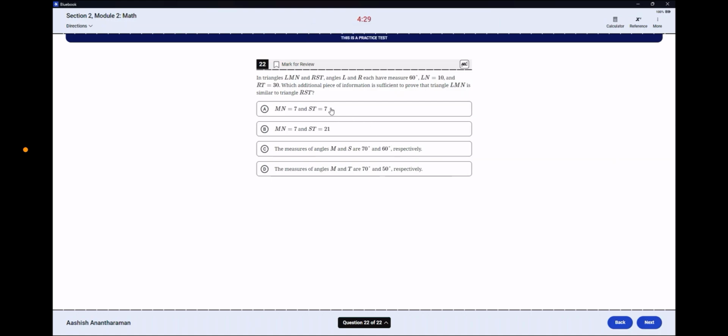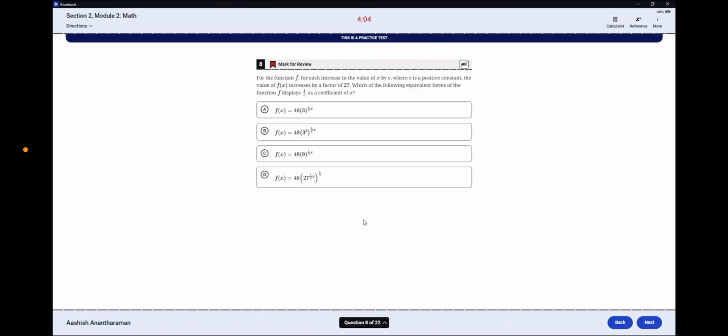If MN equals 7 and ST equals 7, that won't work because, again, the ratio is 1 to 3 here. So MN and ST have to be 7 and 21 here. You can't have different angles because that doesn't make sense in this case. So it has to be 7 and 21. So we have left this question for review.